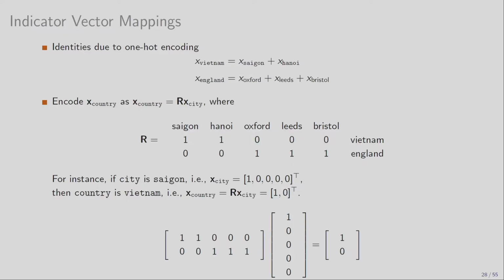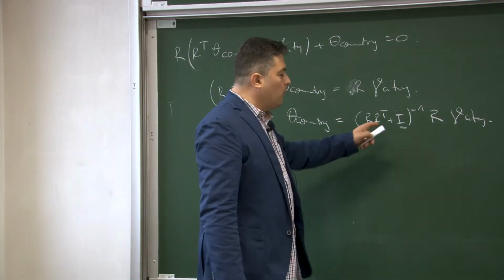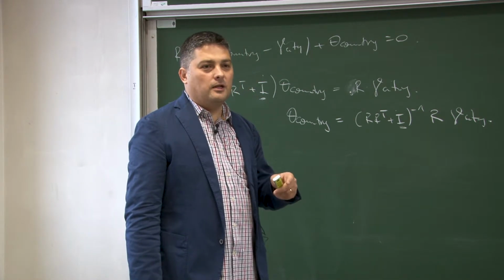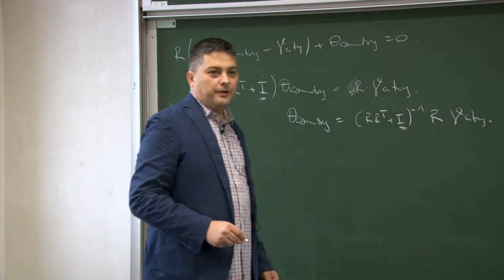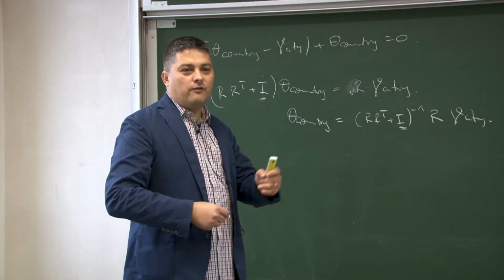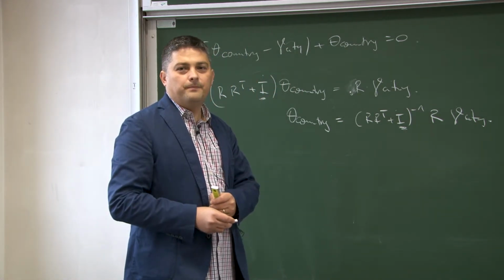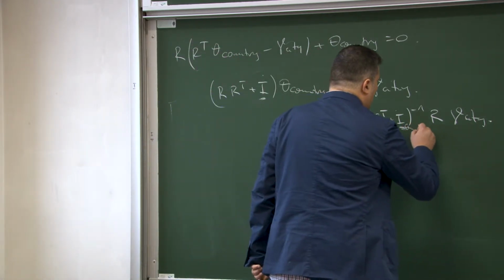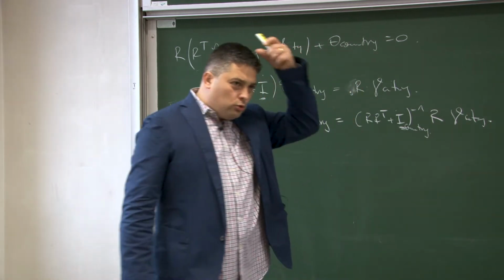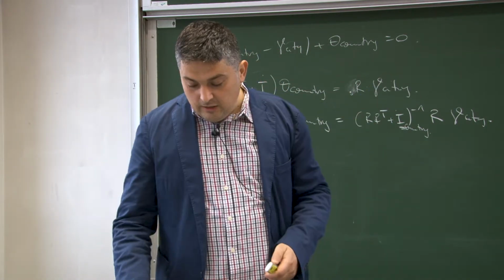R is of dimension country by city, right? So if you take R transposed, country by city times city by country, you get I to be the identity matrix of dimension the number of countries by the number of countries. Okay? So this is why on the slide it is written here I of country. And you could also write it differently in the other form.